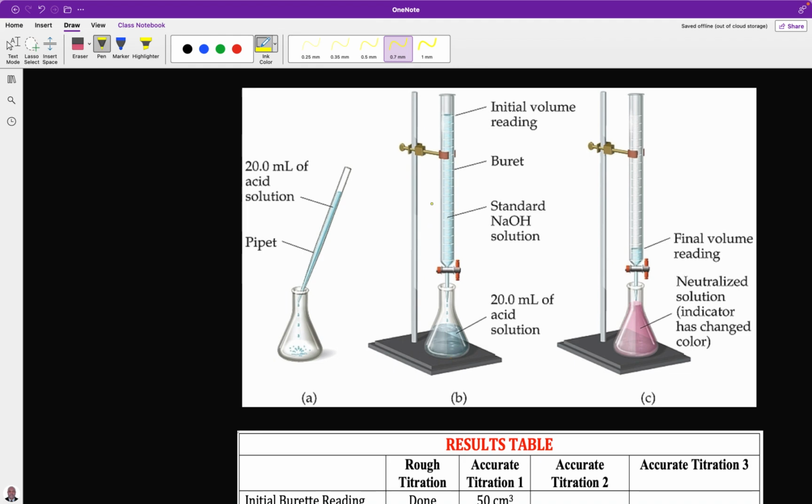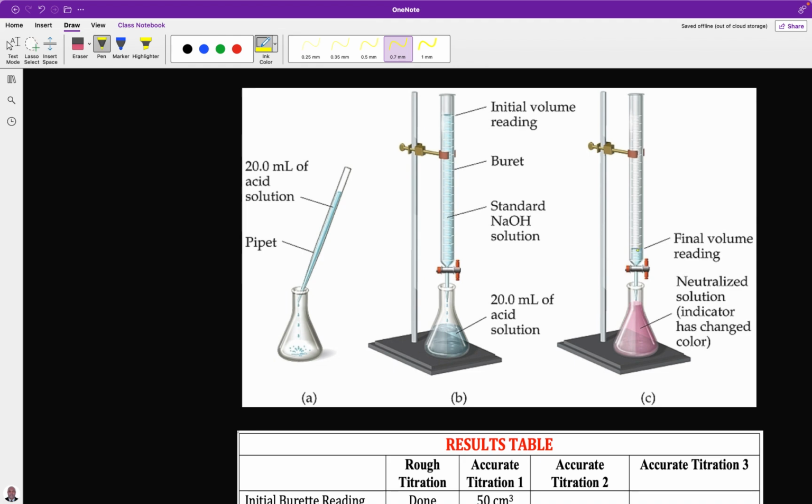Now we have taken our initial burette reading, let me say 50 cm cube. Now we need to read the volume of the sodium hydroxide that has been used in the reaction to react with the acid. This is the final burette reading, where we stopped our reaction when we had our endpoint.